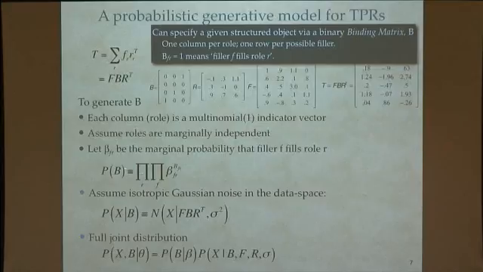So the full joint distribution is the probability of x given B times the probability of B. And we have those equations to combine. Yes, so the dimensionality of x is how much in this example? It's the same as the 3 by 4. So x is a particular point in the space where these tensors lie, right?